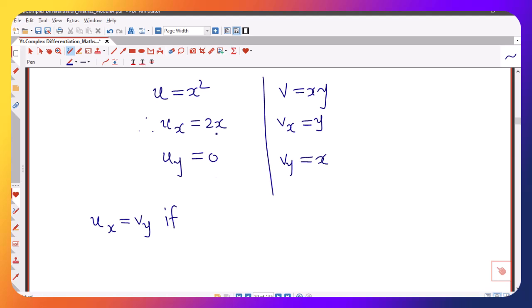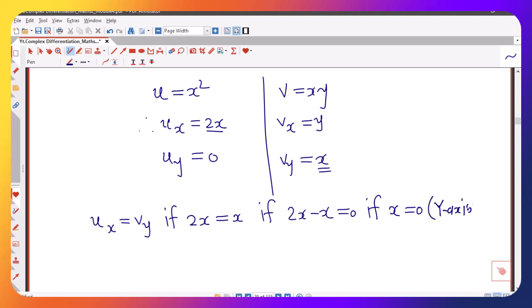If 2x equal to x, this is true if 2x minus x equal to 0, that is x equal to 0, and this is nothing but the y-axis. So we can say that ux and vy are equal at all points on the y-axis.